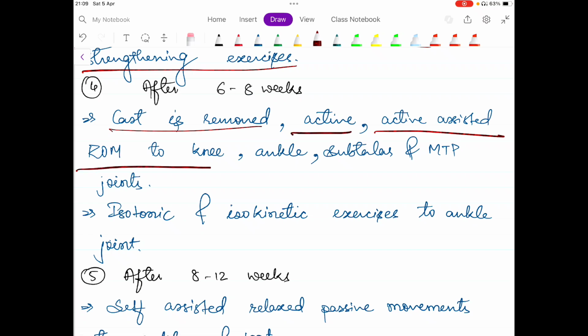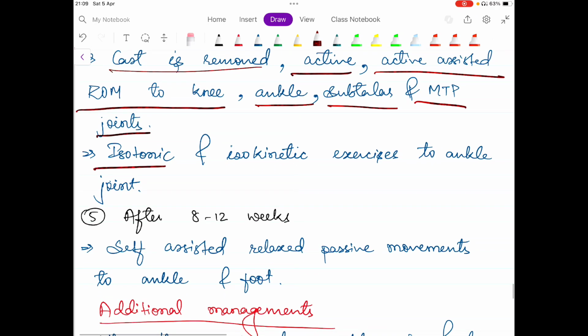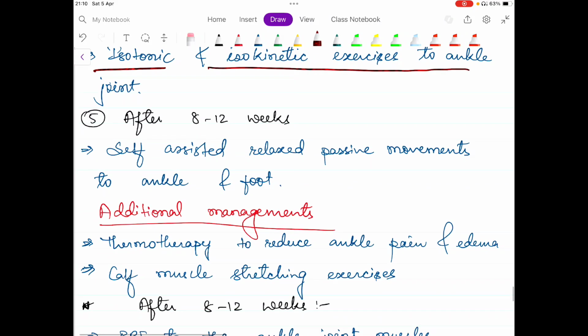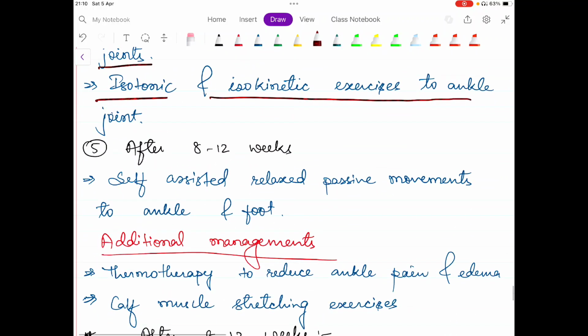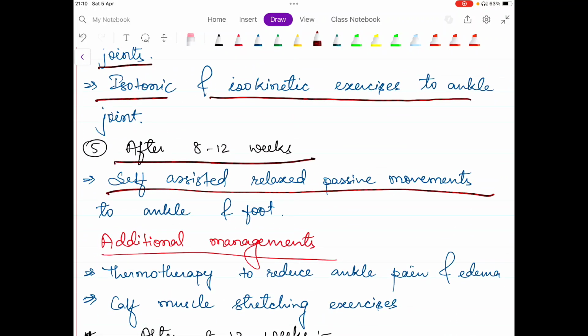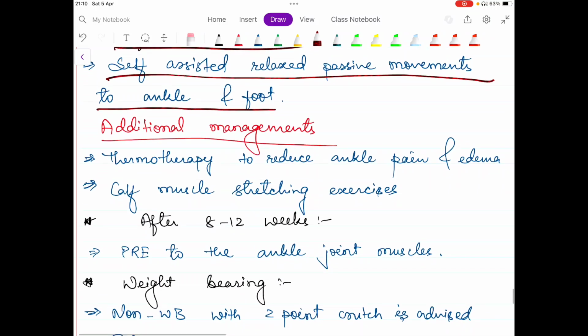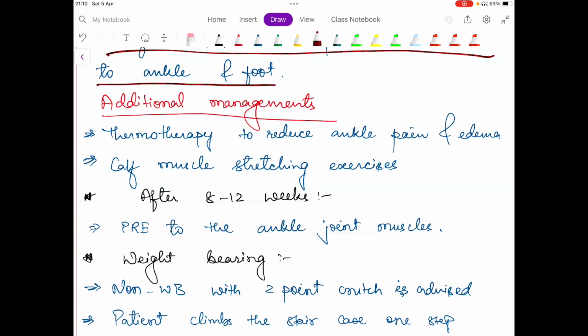Active assisted range of motion to knee, ankle, subtalar, and MTP joints are performed. Then isotonic and isokinetic exercises are suggested to the ankle joint. And after 8 to 12 weeks, self-assisted relaxed passive movement to ankle and foot is suggested.